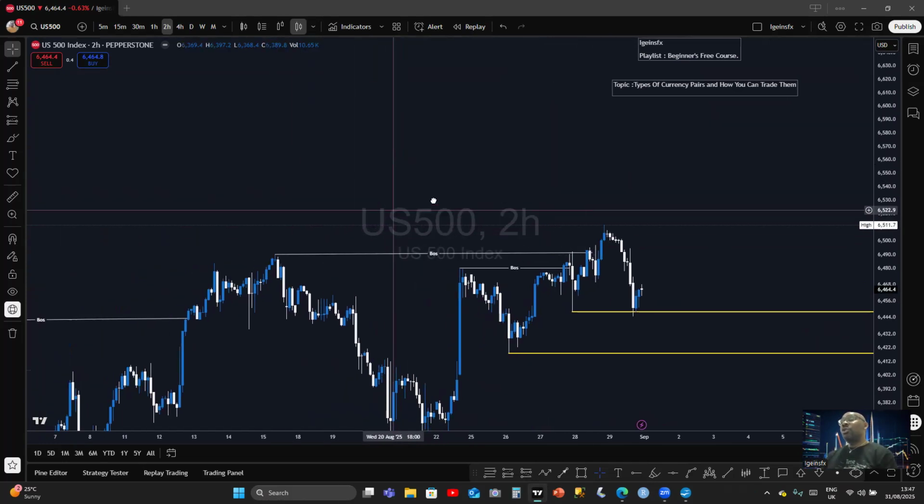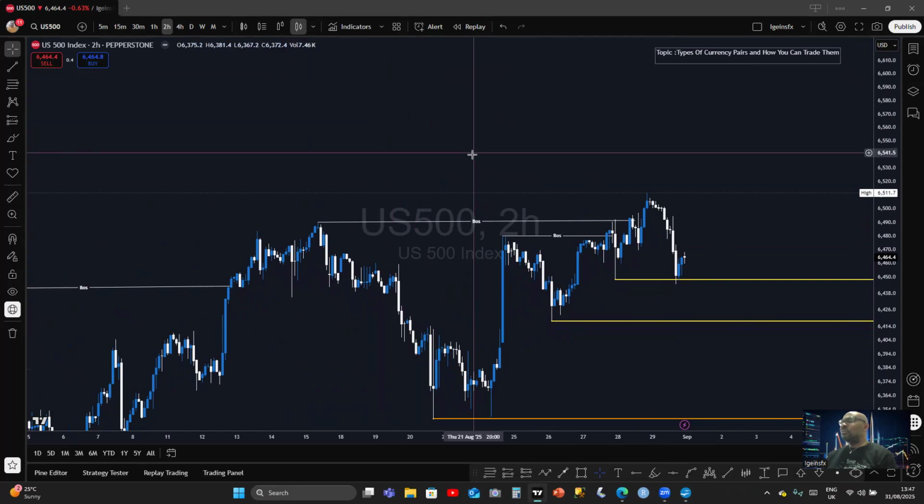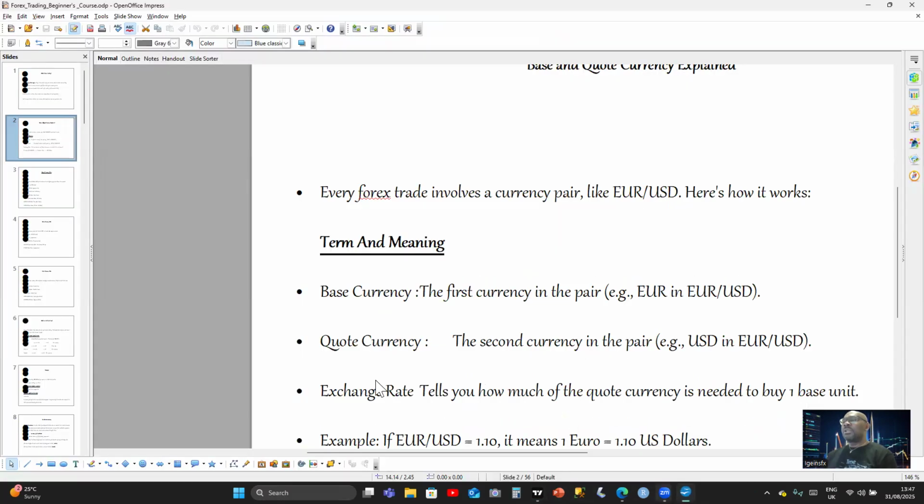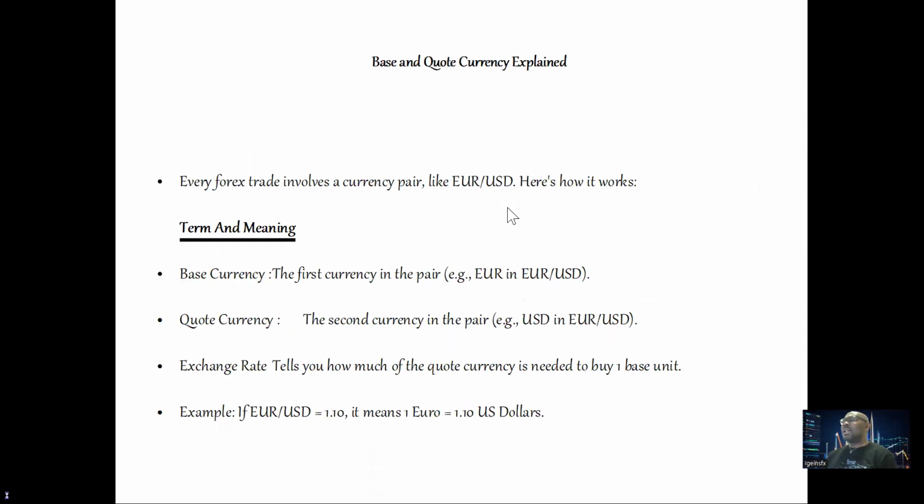Now I'm going to be showing you guys a few slides so that we can really get the understanding. All right, just bear with me. We have what we call base and quote currency. Every Forex trade involves a currency pair, like, for example, Euro USD.